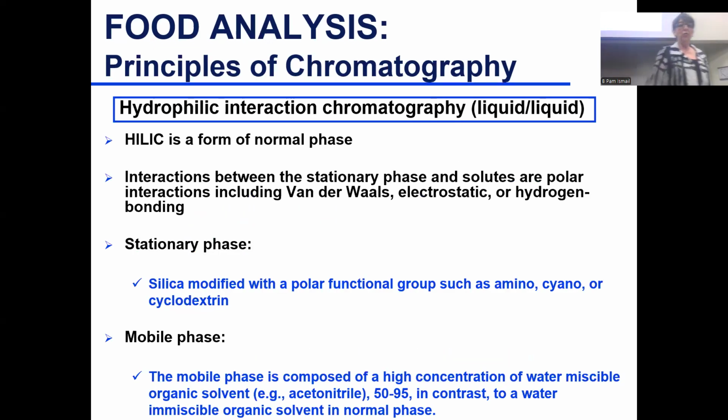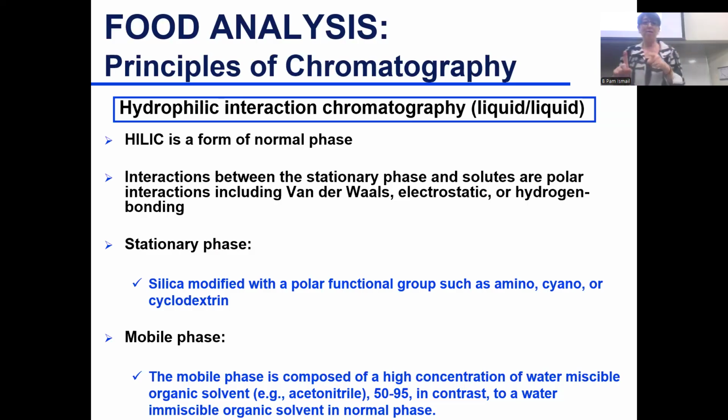So hydrophilic interaction chromatography, how is it different from normal phase? It is polar, so you have all the polar types of interactions: van der Waals, electrostatic, hydrogen bonding. You usually have silica as your stationary phase bonded to amine, cyano, or cyclodextrin, polar components.